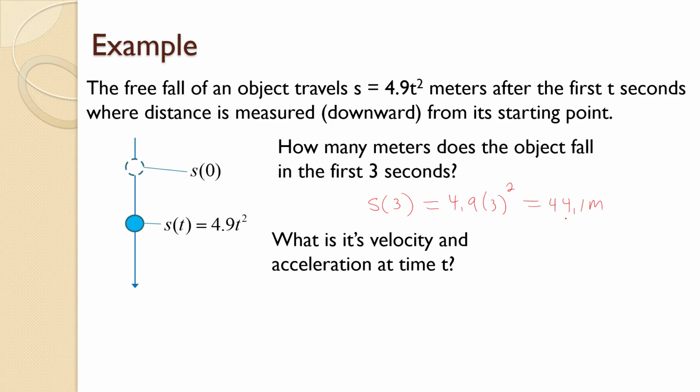Now I want to know its velocity and its acceleration. Well, velocity is just the derivative of position with regards to time, and that would then be 9.8 times t. Acceleration is the derivative of velocity with regards to time, and that would just be 9.8.